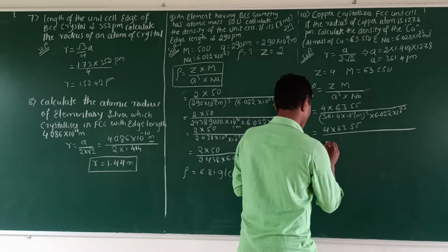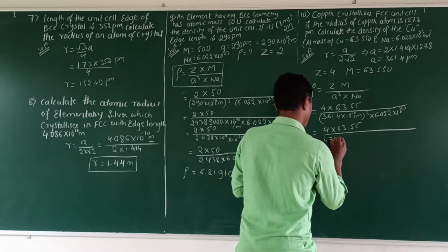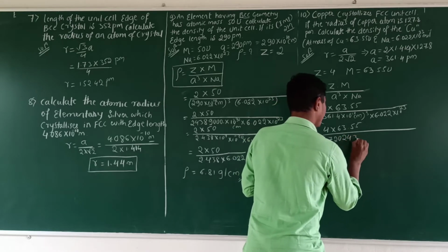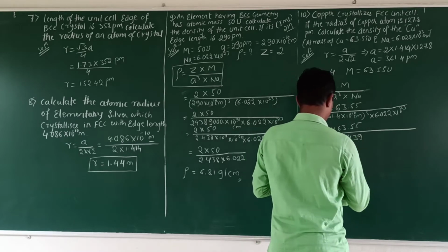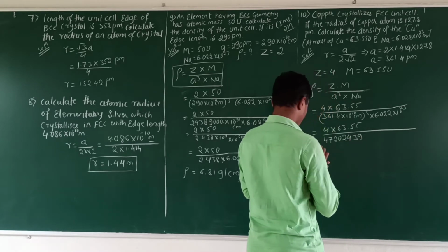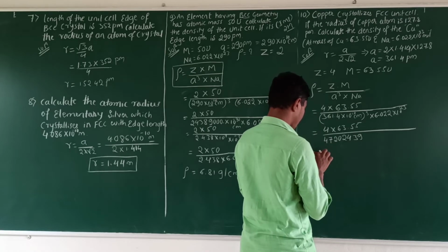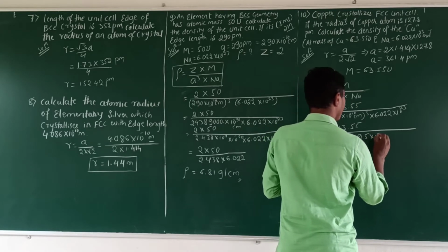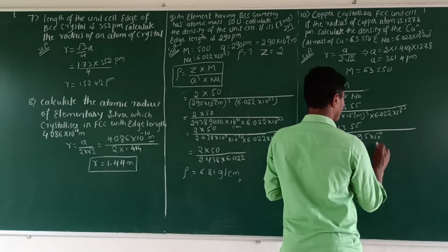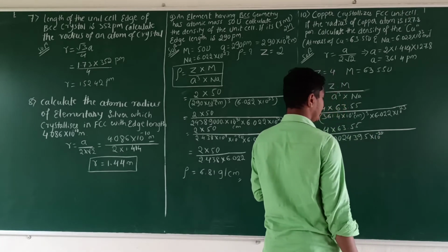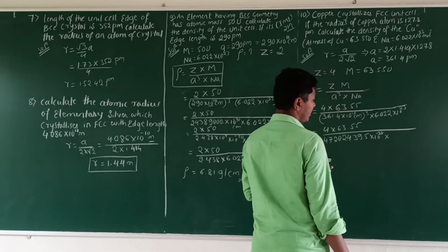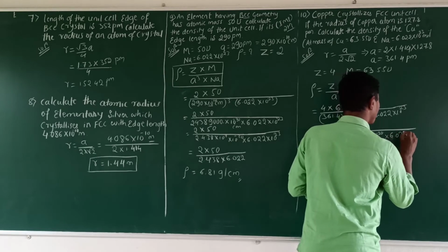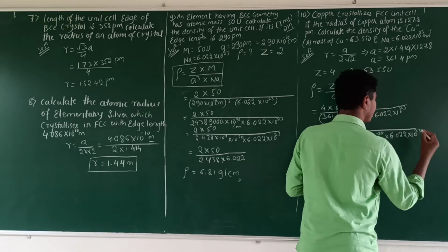See, 47202439. This is 0.5 into 10 to the power 30, into 6.022 into 10 to the power 23.